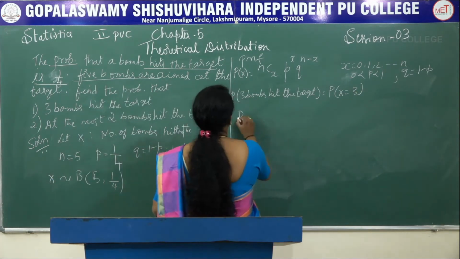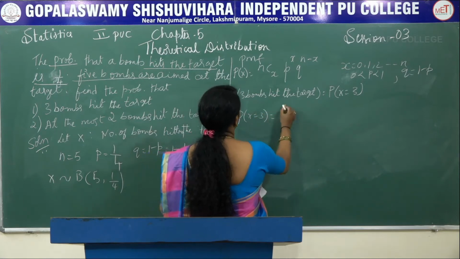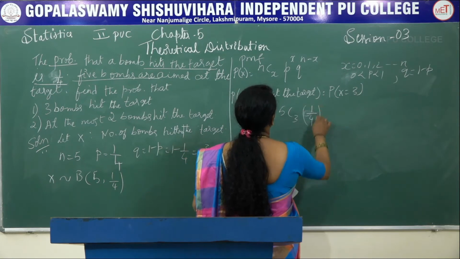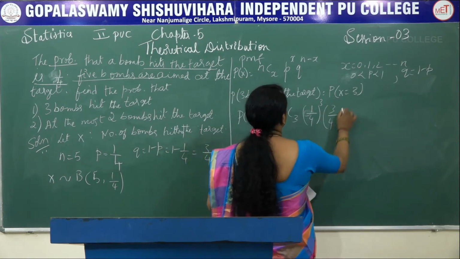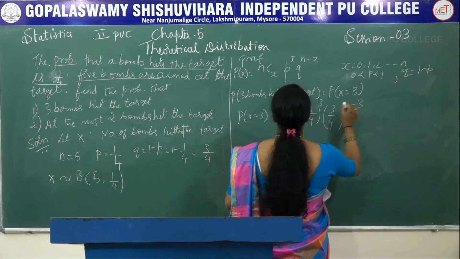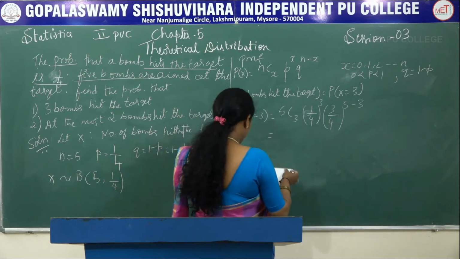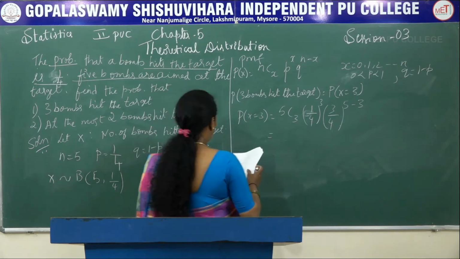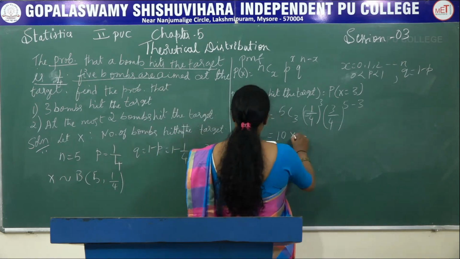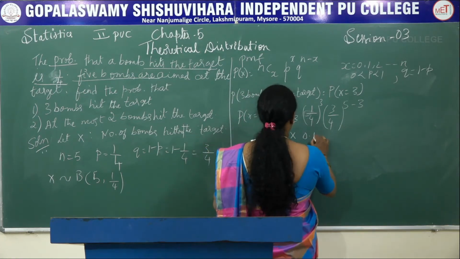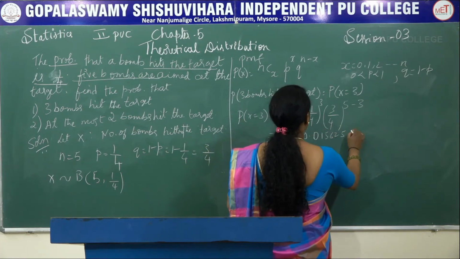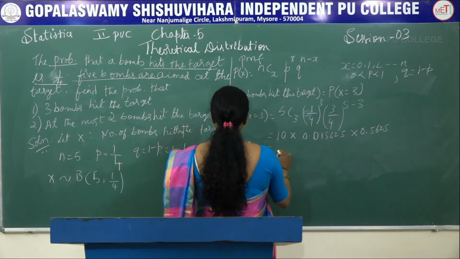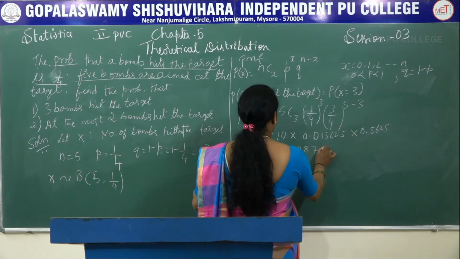Substitute that. So P of X equals 3 is equal to 5C3, 1 by 4 to the power 3, 3 by 4 to the power 5 minus 3. 5C3 is 10 into 0.015625 into 0.5625, and this is 0.0879.